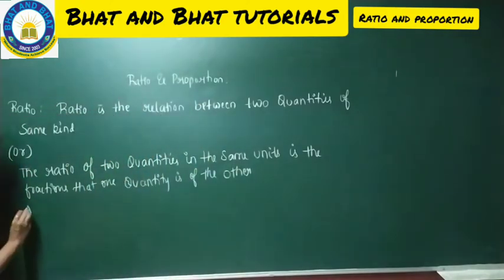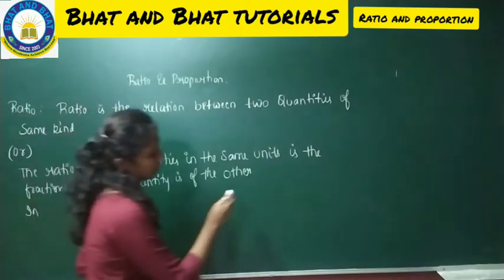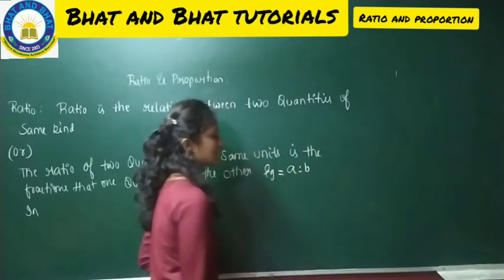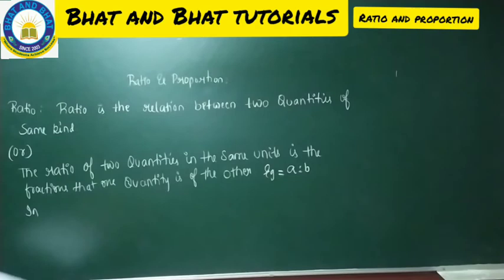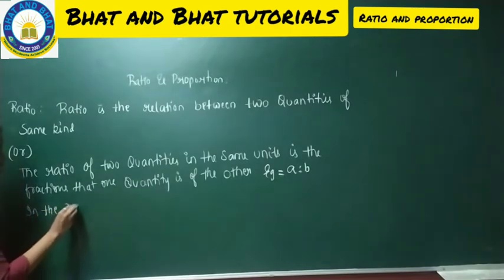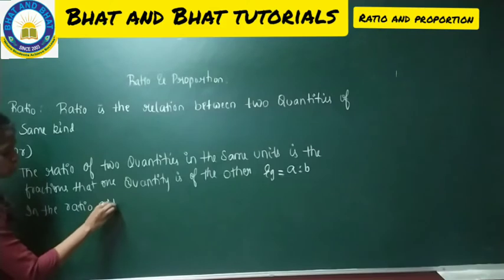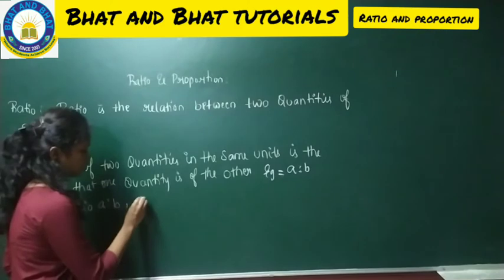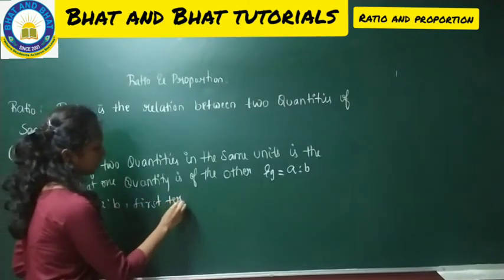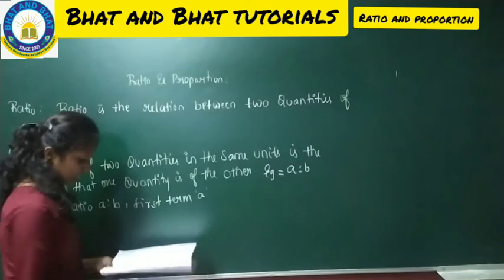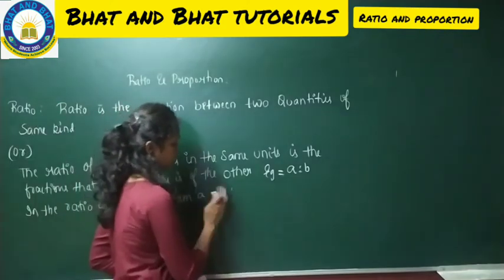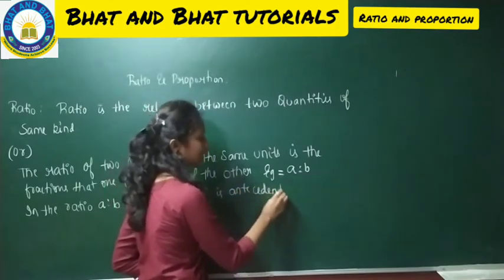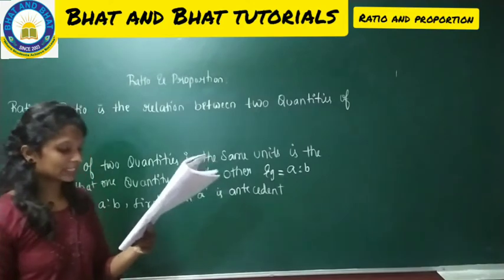Say for example, I'll write an example, A:B. In the ratio A:B, whatever I have written there, the first term is A, and A is called the antecedent.